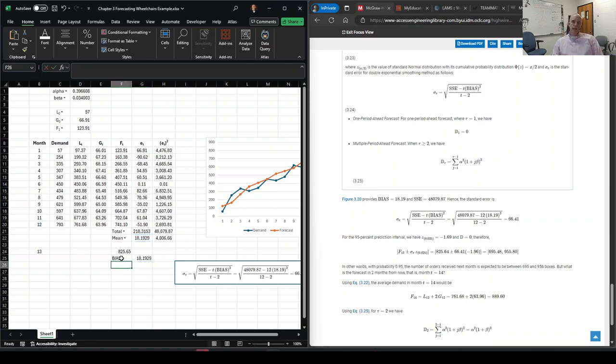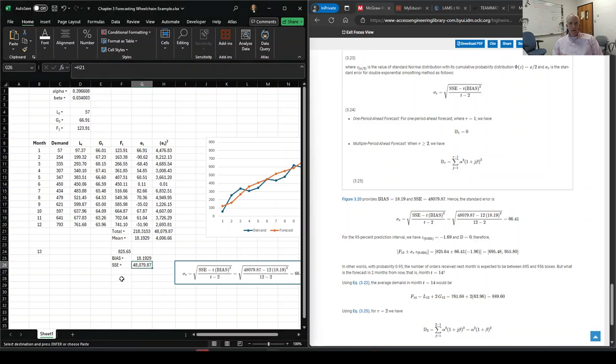So there's our bias. And then the SSE, we've already calculated. That's going to be our total squared error, not mean, our total squared error there. And now we can take this and put it into our standard error calculations.